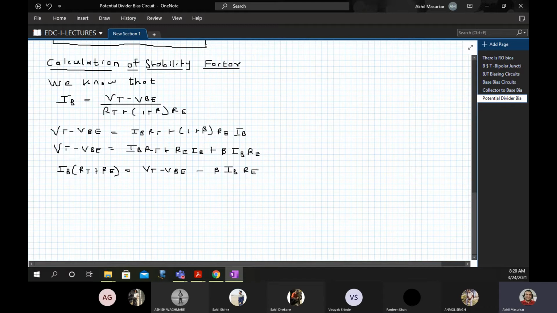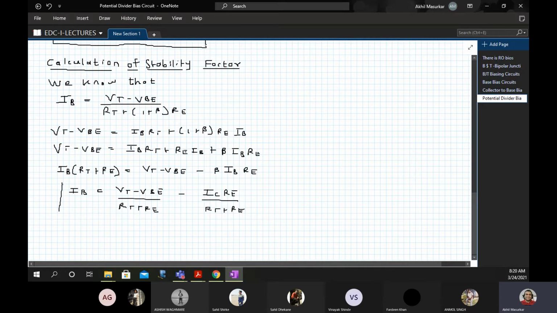So beta IB is IC actually. So what we can do here is that IB, we'll just write it in this form, VT minus VBE upon RT plus RE, minus beta IB, which is IC, RE, this entire thing upon again RT plus RE.